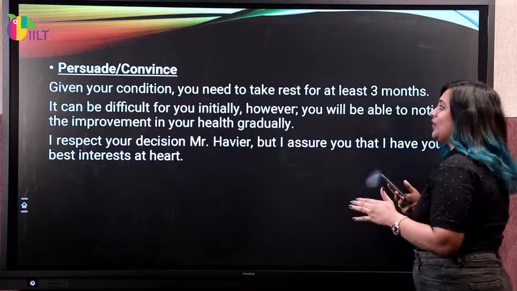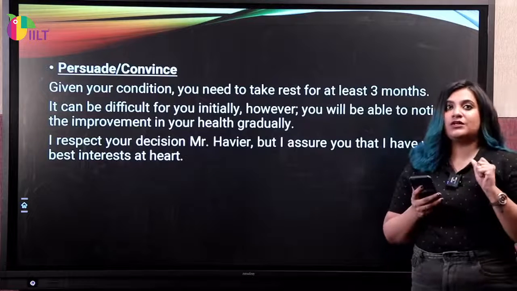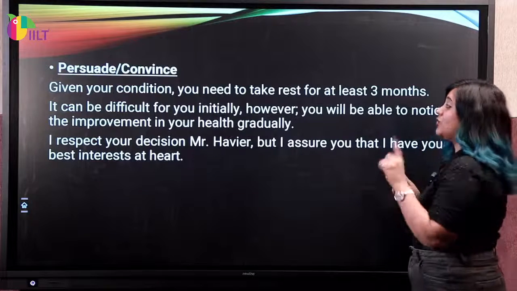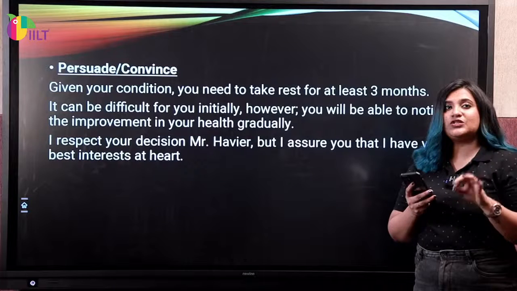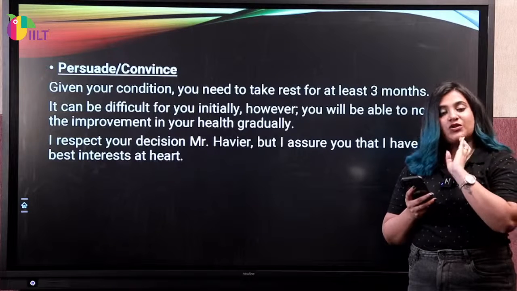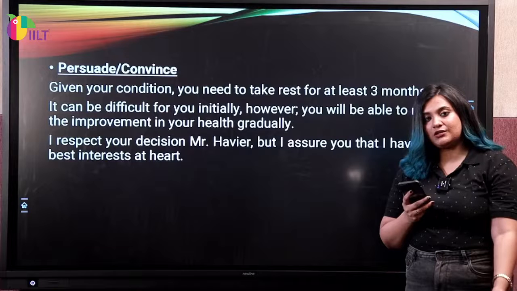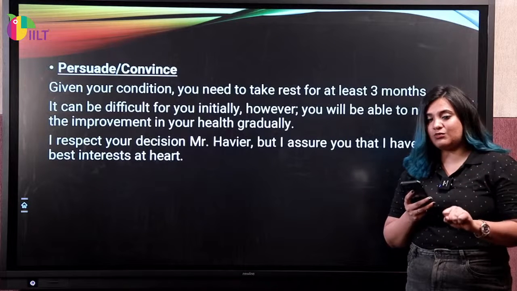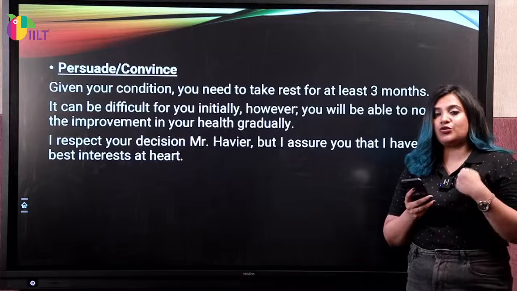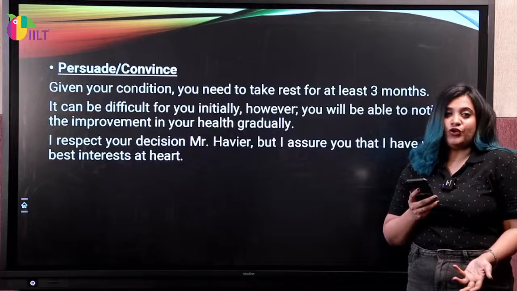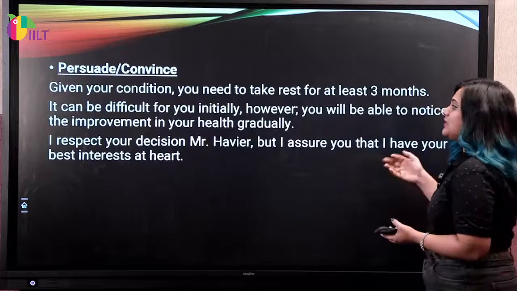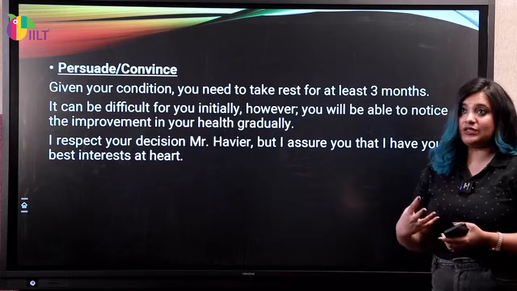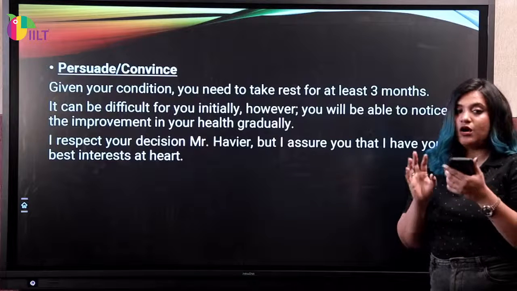So how can we do it? So you need to understand persuade, not console, it is convince. So persuade or convince means you are trying to encourage the patient to do certain things. Okay, you are trying to make them feel okay about the suggestions or trying to motivate them to follow your suggestions. Okay, so let's see how we can persuade them without being pushy or bossy.